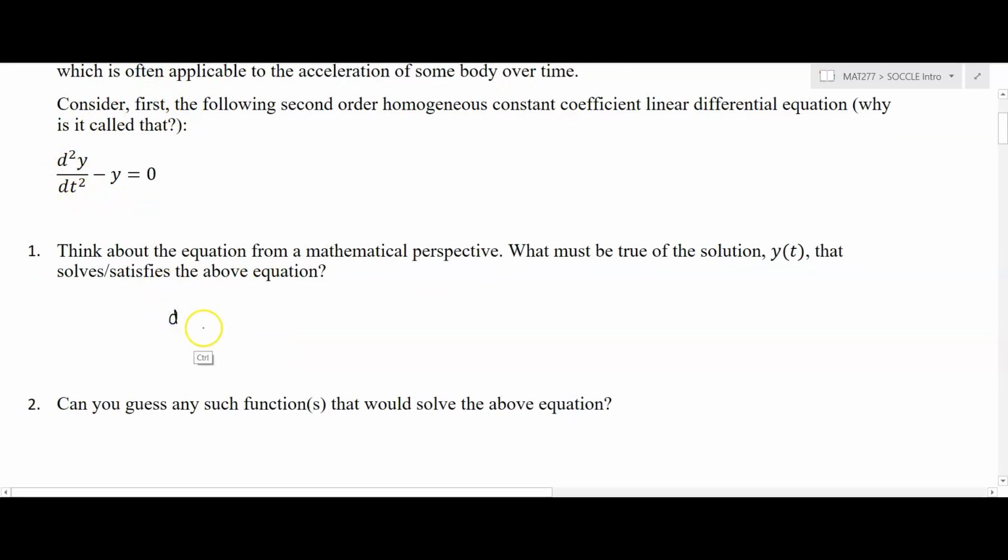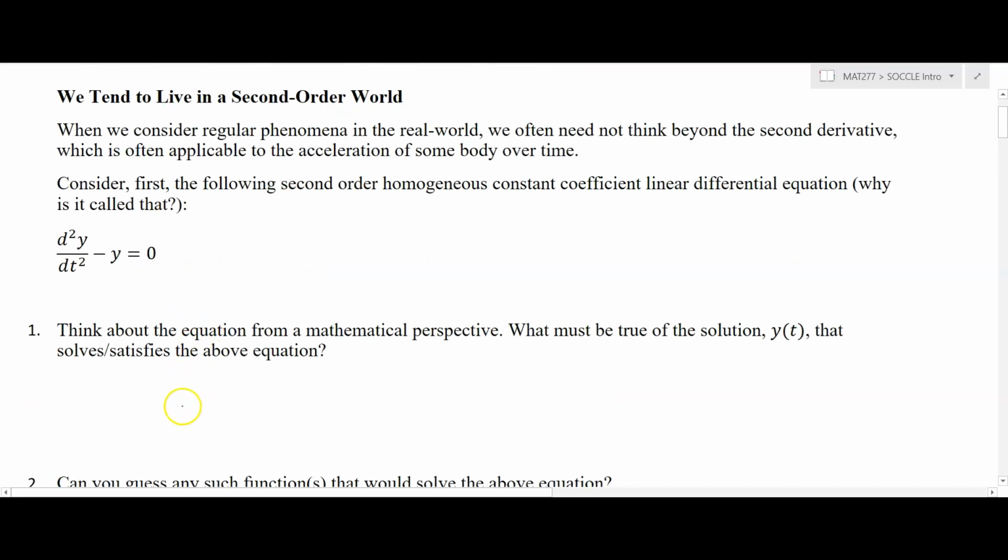So here I'm going to go ahead and use the y prime prime notation, just to save on having to write the second derivative. If I add y to the other side, I see that what I have to satisfy in order to solve this differential equation is that the second derivative of y has to equal y.